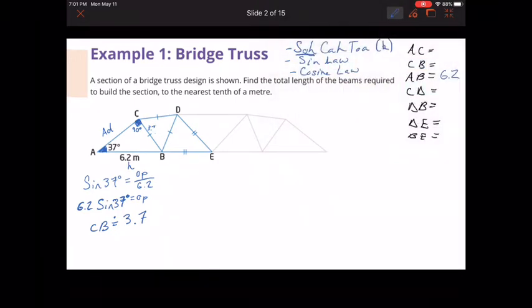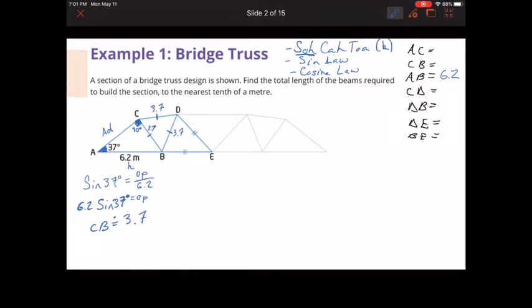So now I've got some information in here because I've got these little lines here. And what that means is that this is an equilateral triangle. All three of those are going to be the same length. So I can just copy in. We can use some other math to figure that out, but we can also just copy that in, that those three are exactly the same.